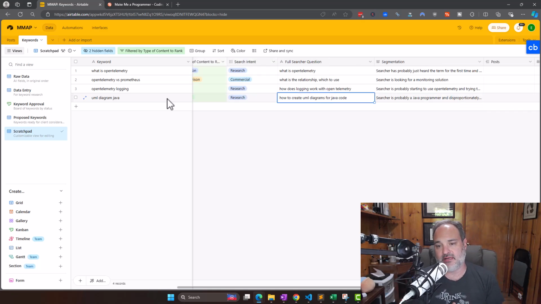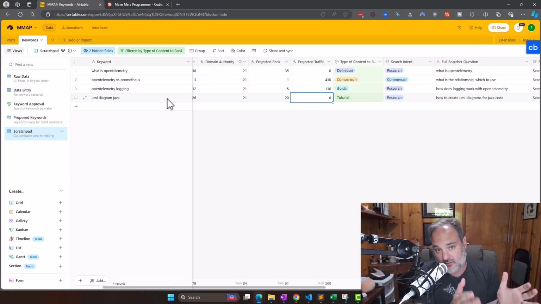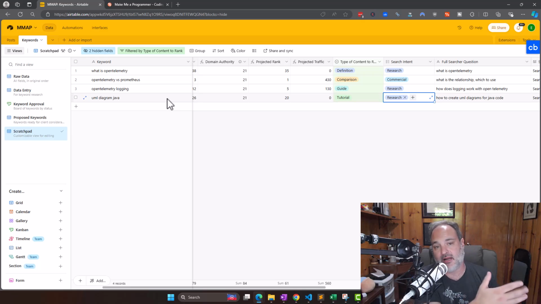The function of segmentation in the end, the reason this is important to our model here, is that we really want to make sure that not only over here under projected traffic, not only that we're getting people to the site, but that we're getting people to the site that you actually want on the site, because it can be really easy to go after high volume terms that seem promising and maybe vaguely related to what you're doing, but don't actually put the right people onto your site.